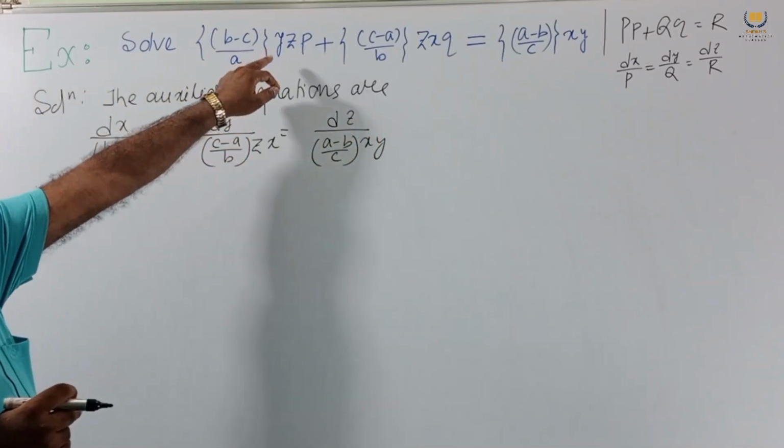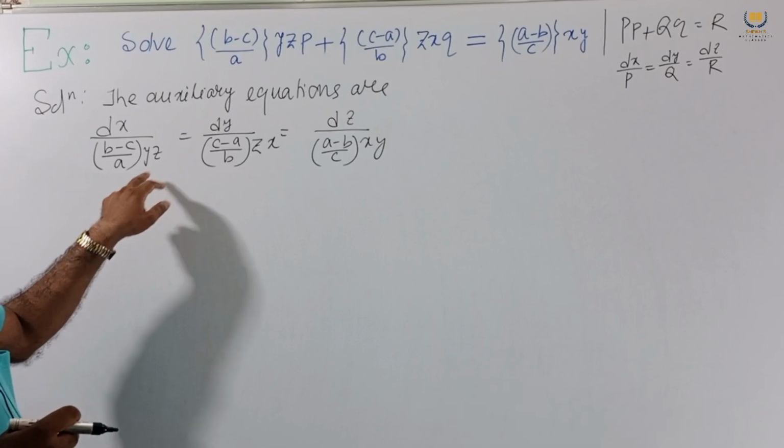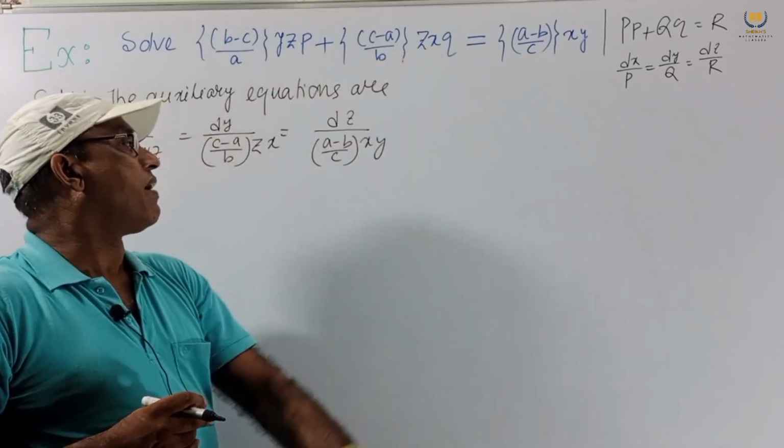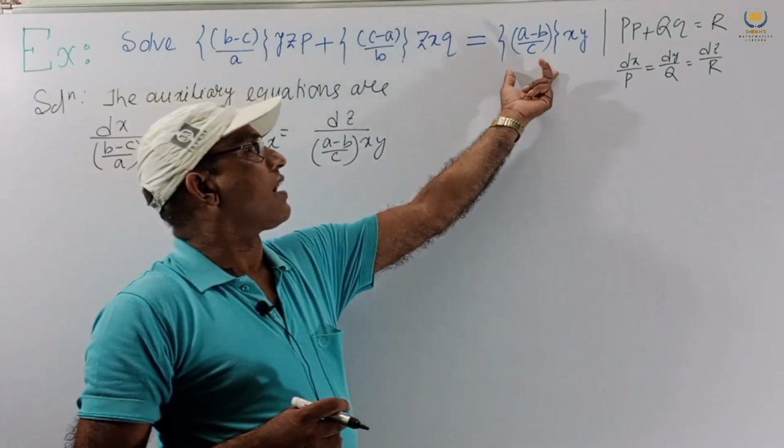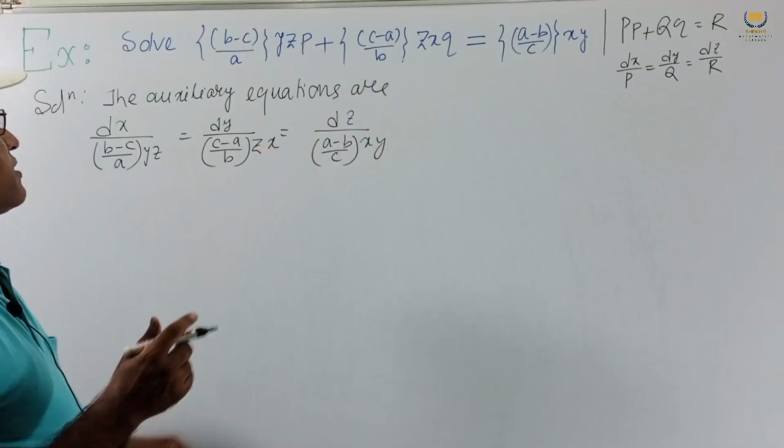This is dx by capital P, dy by capital Q, and dz by R. This whole is R, just like this.